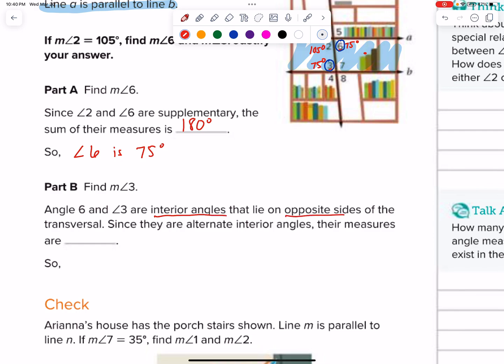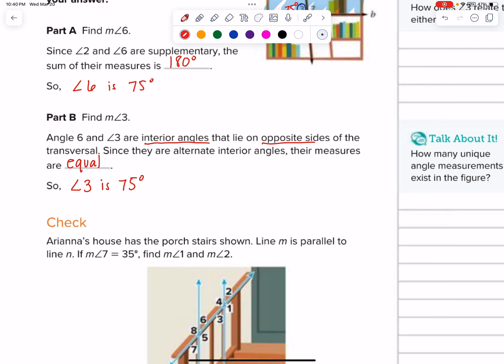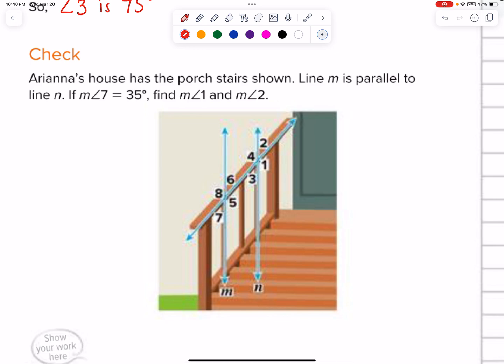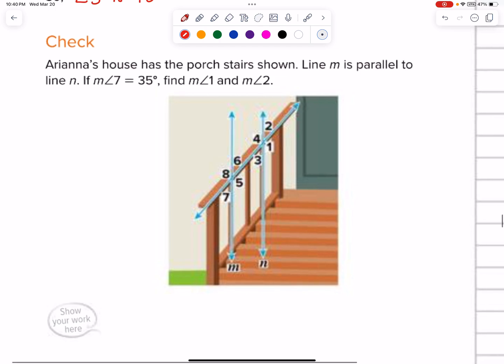So since they're alternate interior, their measures are, and we can say equal. Okay, so angle 3 is 75 degrees. Okay, all right. So you can go ahead and try this one out. So hop over the iPad, pause it, and try this out independently or with your partner, and then you can hit play and see how you did.